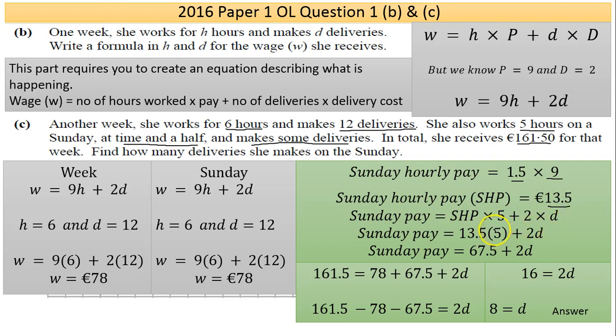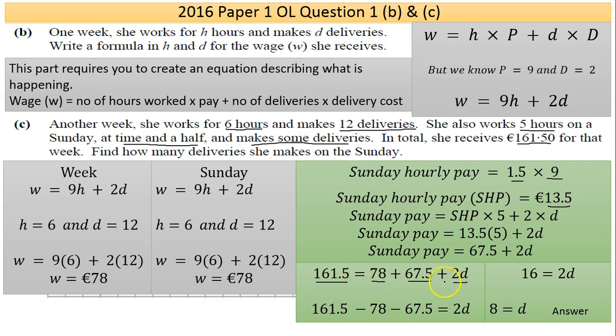Okay. Now, she earned €161.50 for the week. That would represent the 78 from the week, the €67.5 from the 5 hours worked on the Sunday, and the number of deliveries times €2.